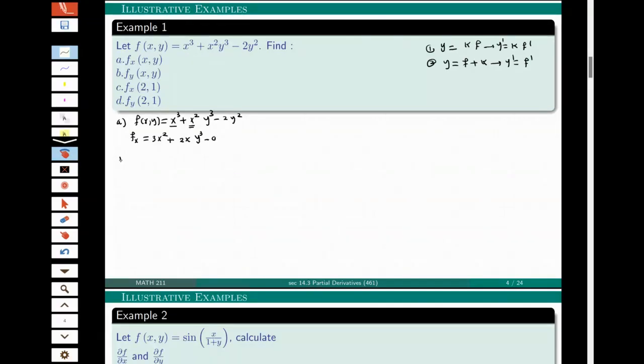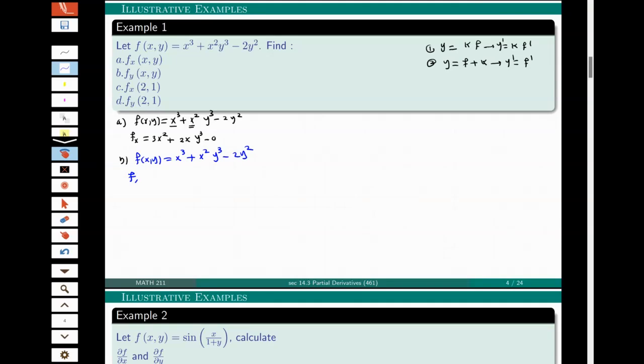Now, b, what's f sub y? It means what's the derivative of f with respect to y. Now we are dealing with y as the variable. Let me change the color and write it again. We have f of x y equal to x cubed plus x squared times y cubed minus 2y squared.